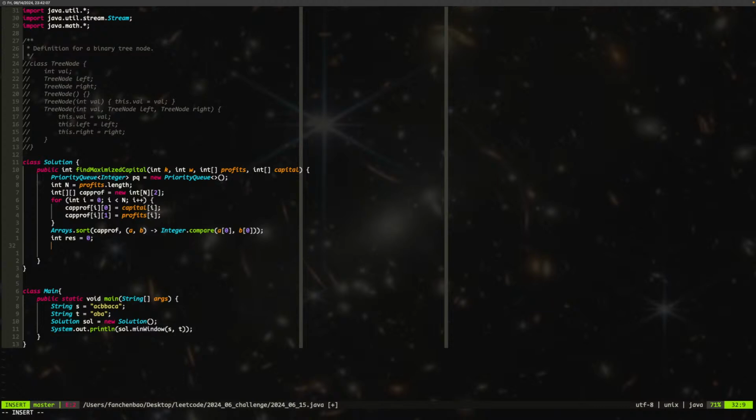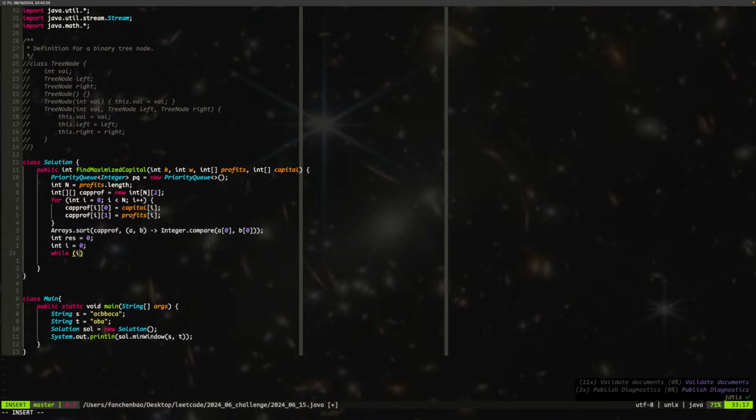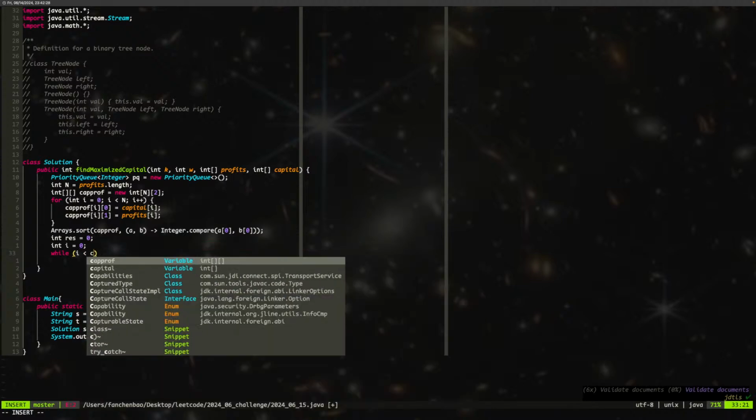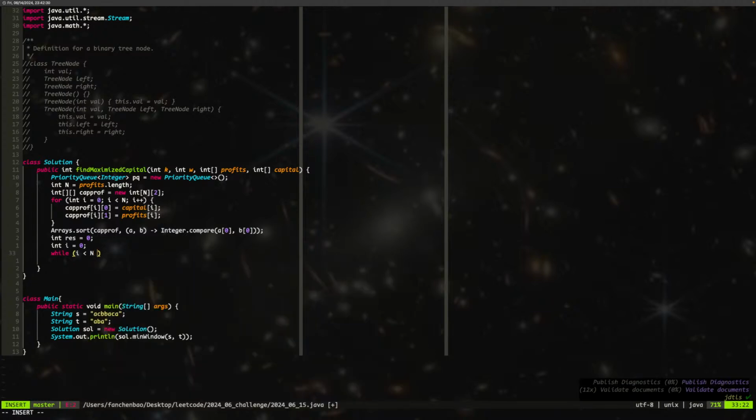It's still bigger, I take out again, until the current is smaller, then we keep moving forward. So I have int i equal to 0, an index. Say while i is smaller than n and k is larger than 0.